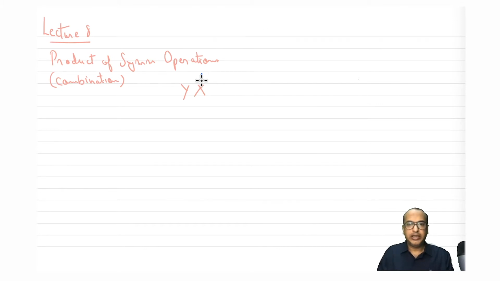If x is applied first and y second, and the overall transformation can be directly achieved by a third symmetry operation, let's call it z, then we say that z is a combination of y and x.